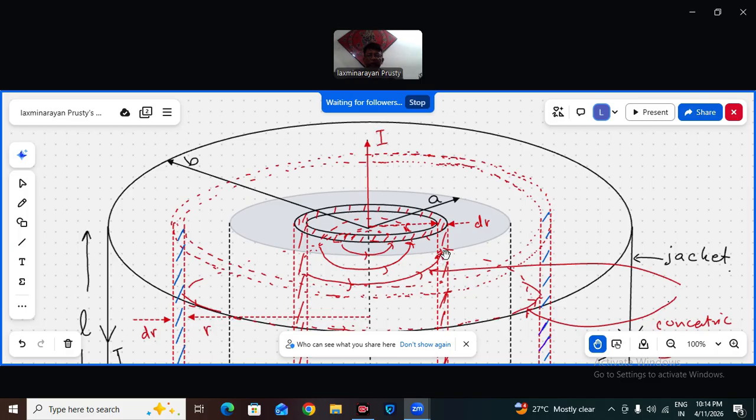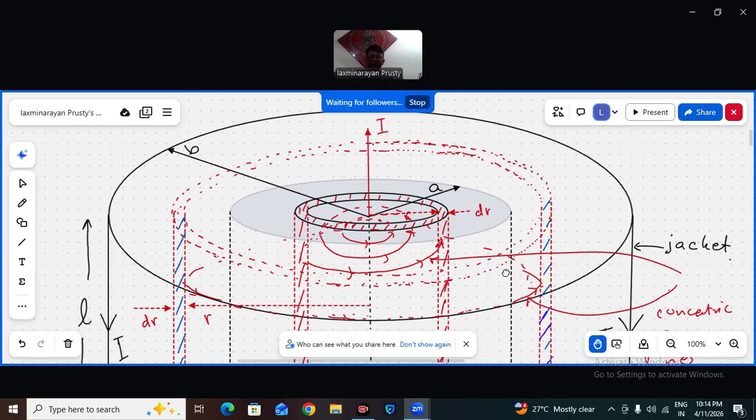Here B is how much? mu naught I small r by 2 pi A square. Then what is the volume of the cylindrical cell? 2 pi r dr into length, right? So how much total energy will be in that thin volume? B square by 2 mu naught into the volume of the thin cylindrical cell.